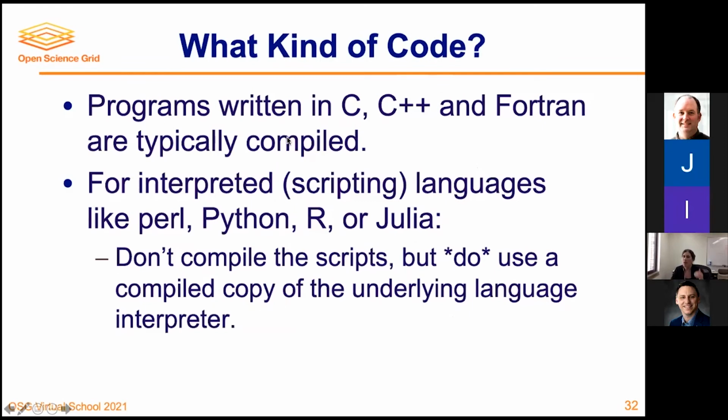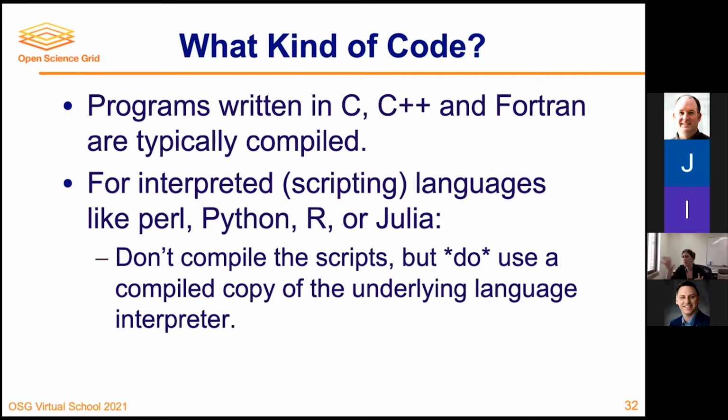So a lot of scripting languages are like this. Programs written in C, C++, and Fortran are compiled, like the process described a couple slides ago. For interpreted or scripted languages, you don't compile the scripts. However, you do use a compiled copy of the underlying interpreter. So if you're using Python, the actual Python program is compiled, and then you use it to run your uncompiled script.